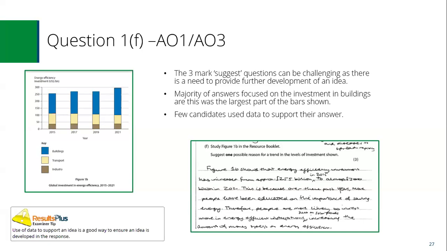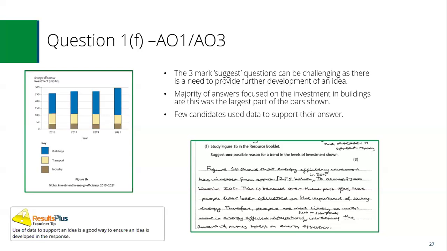In question 1F, the 3 marks here, suggest one possible reason for a trend in the level of investment shown. The majority of answers focused on the investment in the buildings, which was a large part of the bars shown, but few candidates used the data from the graph to support their answer.